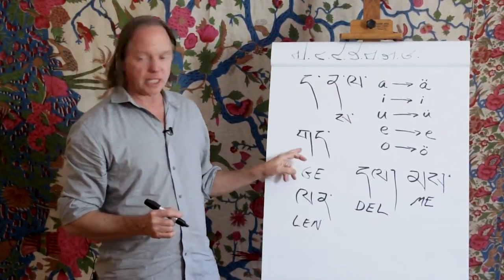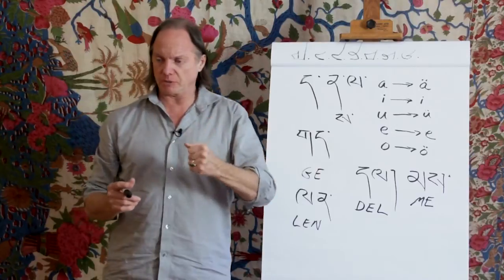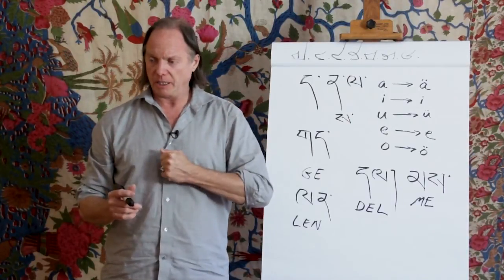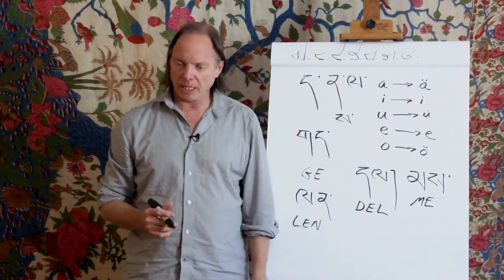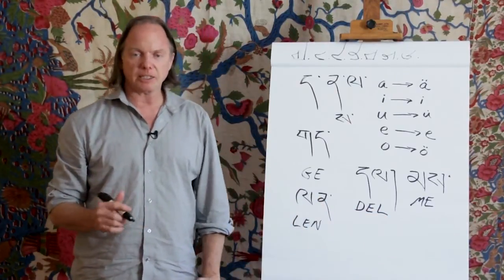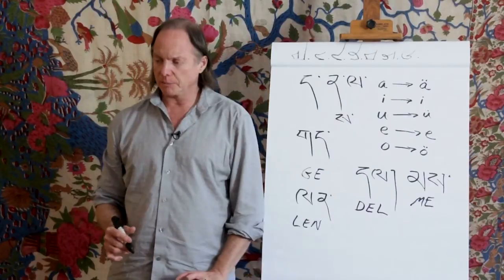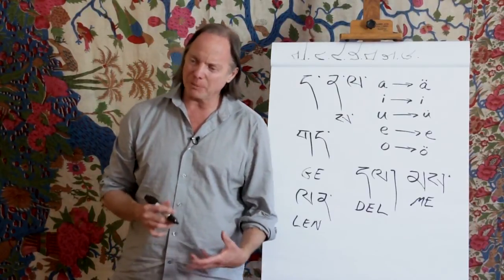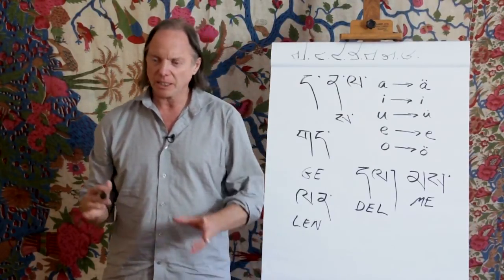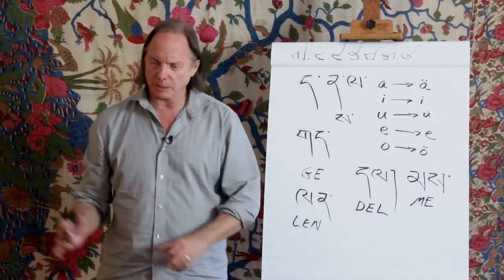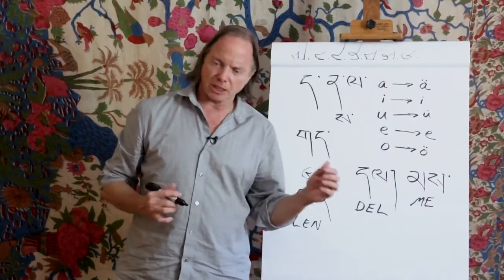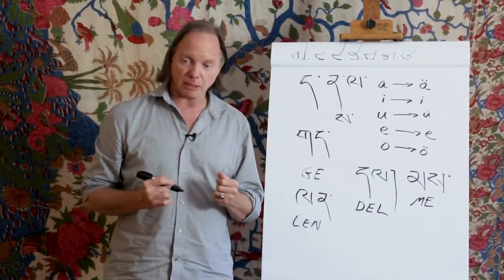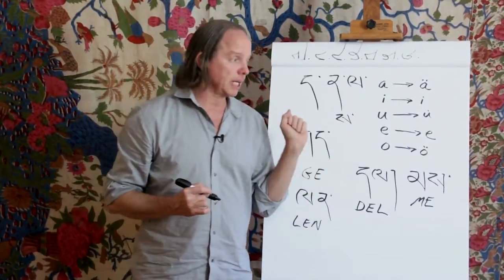So this is say ke, but cut it short as if someone hit you in the chest. Ke, ke, and this is me. Me, okay? And it's very subtle, but if you do it correctly, Tibetans will, and they won't know why, love your pronunciation. They'll say, I understand Nick, but I don't understand this other person. And it's because you're lengthening the sas and you're cutting short the das in linguistic compensation for them having dropped out.